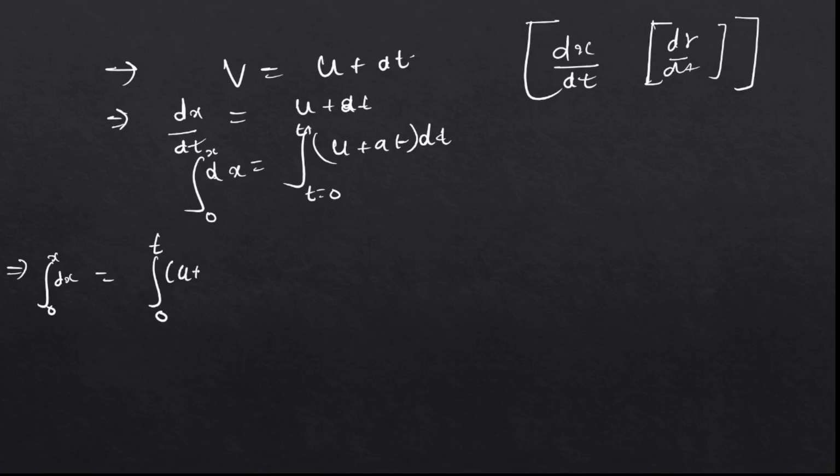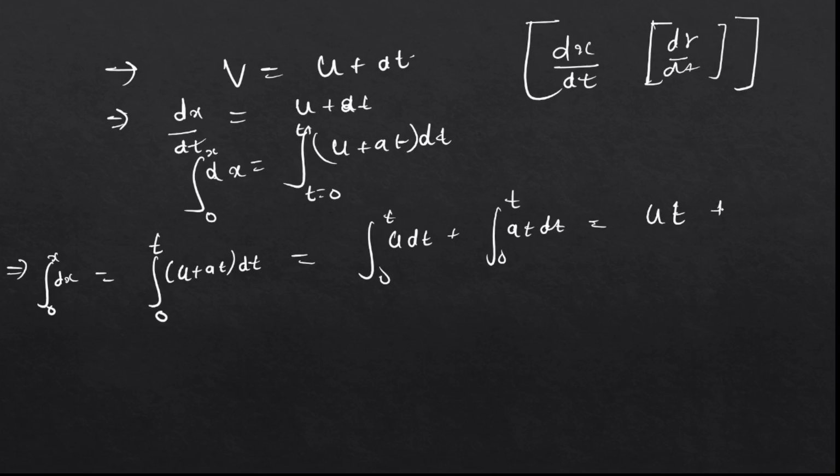Now again integrate this thing. It will be the integral of u dt plus at dt. It would be ut plus half a t squared. By solving this integration, what I have got is x, the position of the particle. Remember, it is the position of the particle at that particular time. It is not the distance that the body would have covered, it is the position.